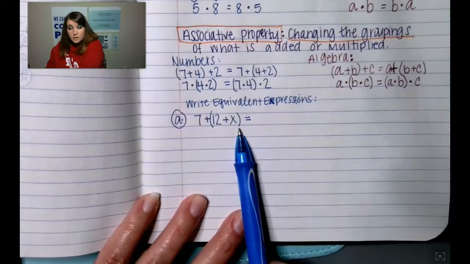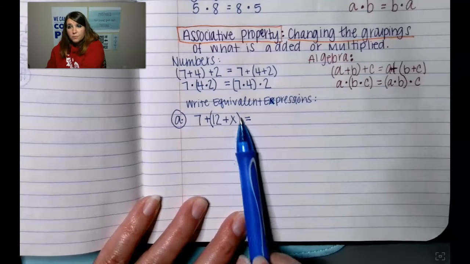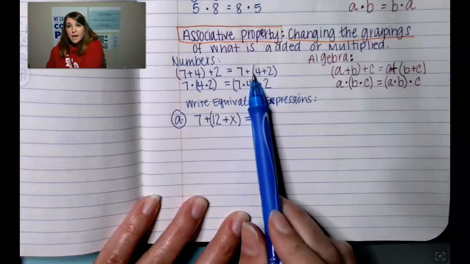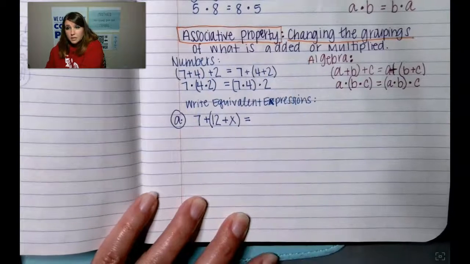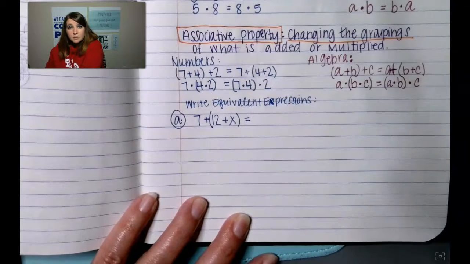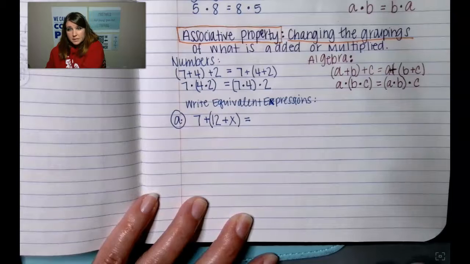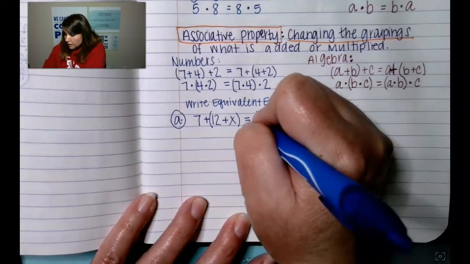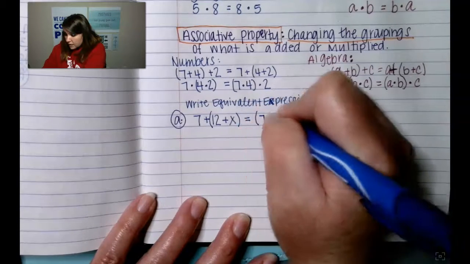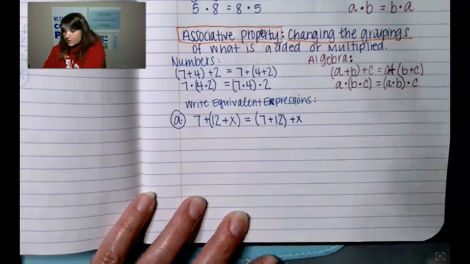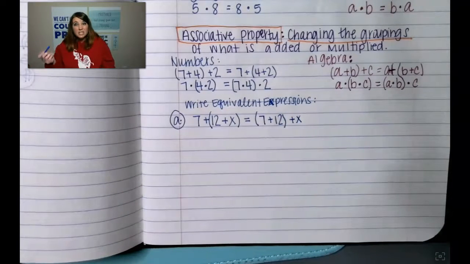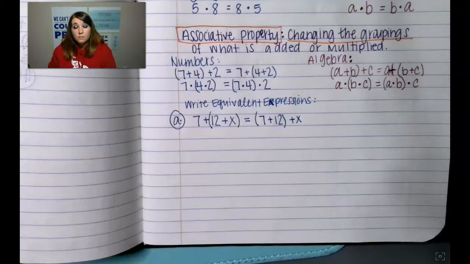well, I'm going to look. This has parentheses. Associative property is all about groupings. So I know that this tells me I can move my parentheses. So I am going to move my parentheses and say 7 plus 12 is that plus X. Okay, I can actually simplify this even further. What is 7 plus 12?